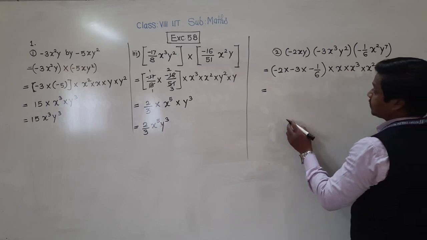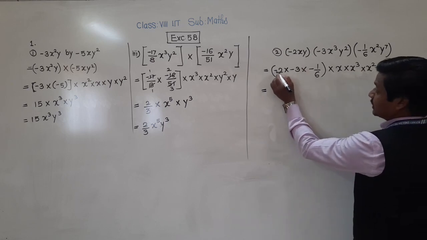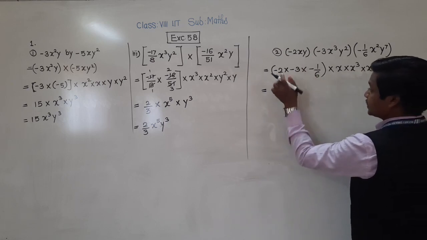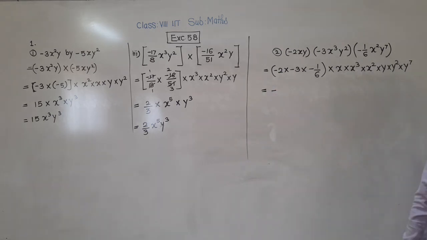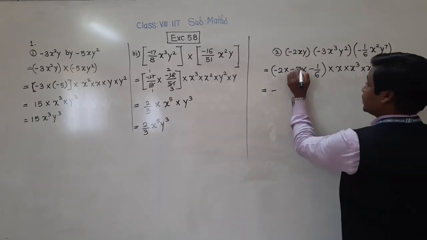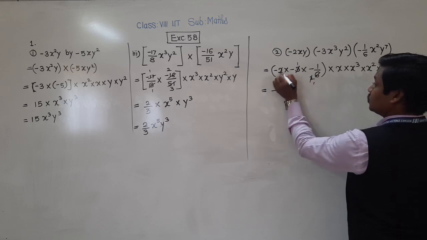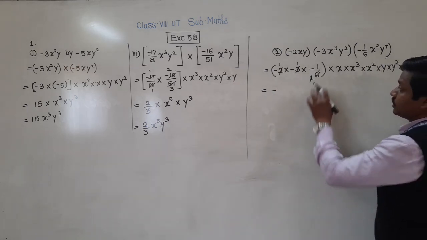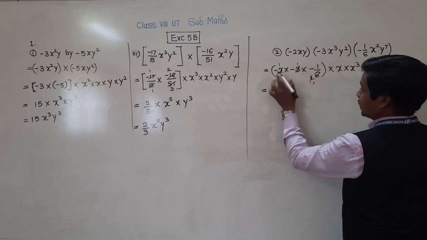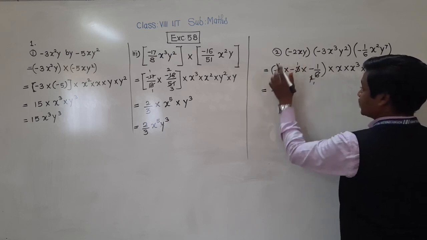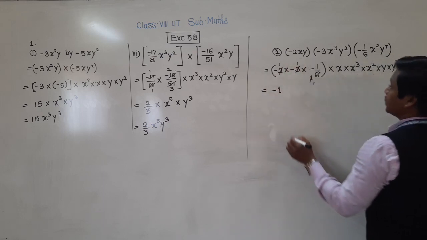Now see, first, minus into minus into minus, 3 times minus sign means the answer you get is minus 1. Here see, 3 ones are 3, 3 twos are 6, 2 ones are 2, 2 ones are 2. Finish. Minus into minus into minus, minus 1 ones are 1, minus 1.